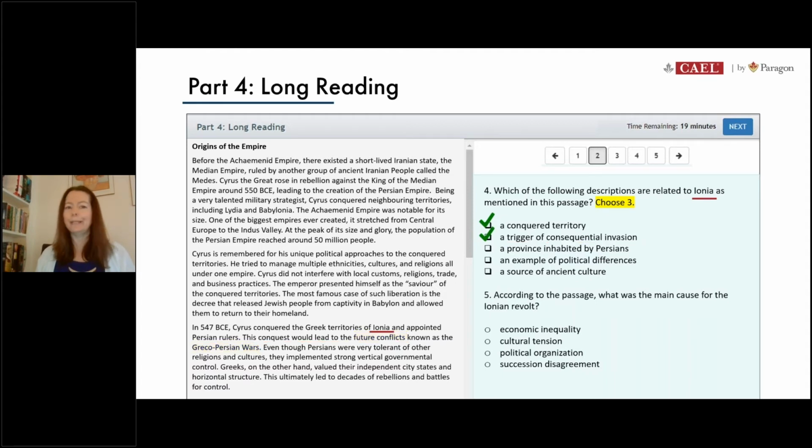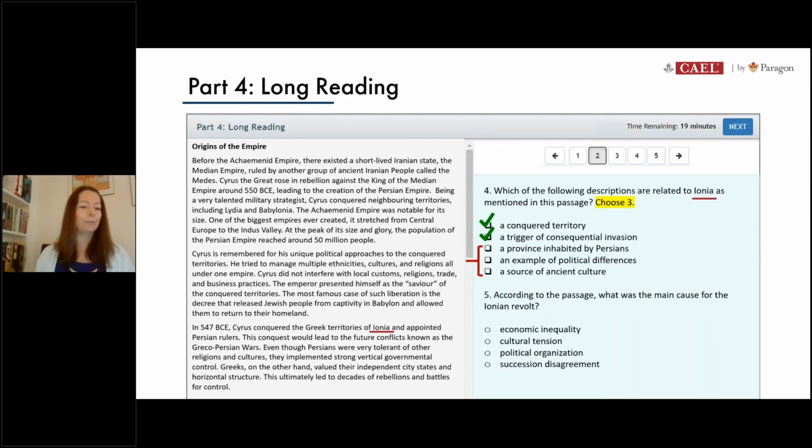So I've matched pretty much all of the keywords from that answer choice back to the text. So I can very confidently say that answer B, a trigger of consequential invasion, certainly relates back to Ionia. So I have found 2 answer choices. I only need 3, so I'm looking for 1 more. One of these 3 remaining choices is going to be correct.